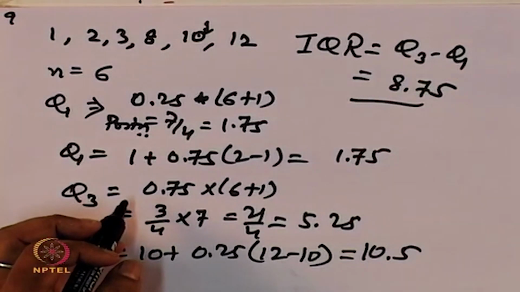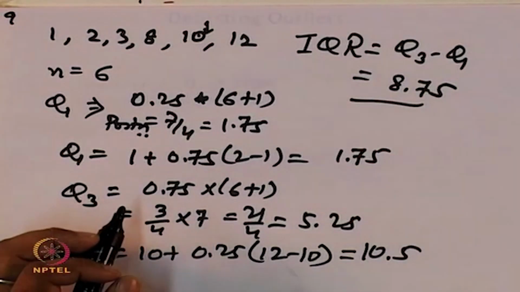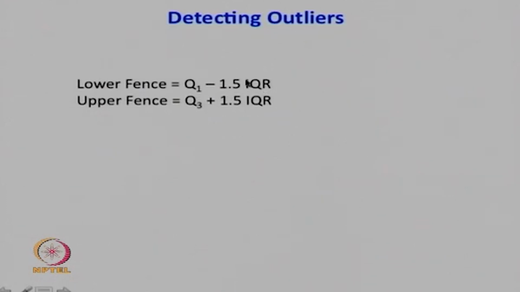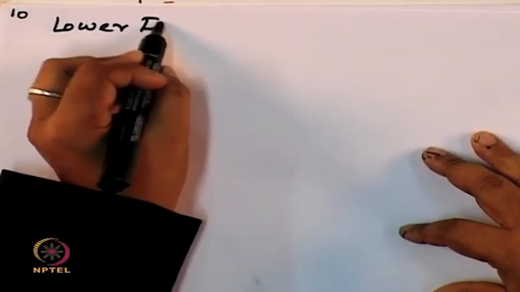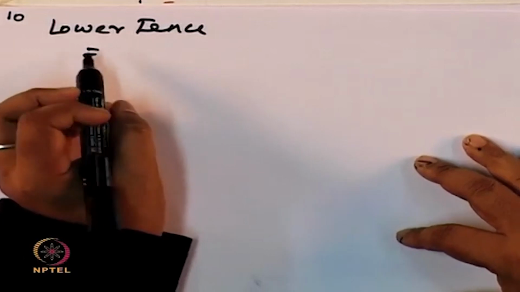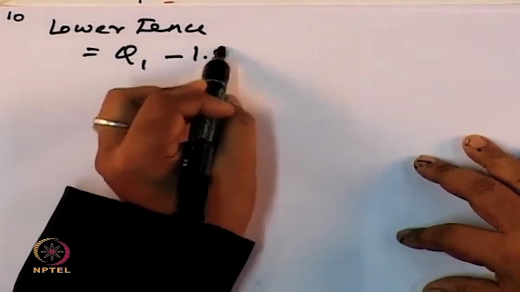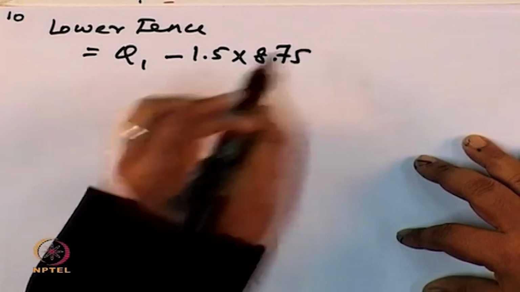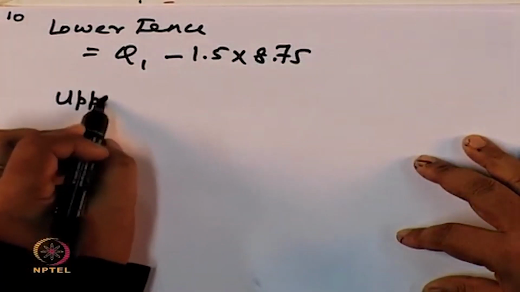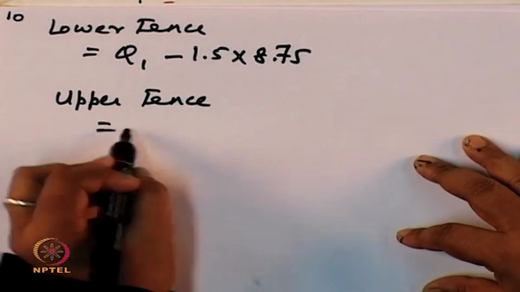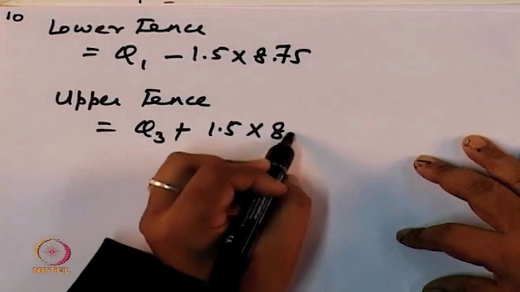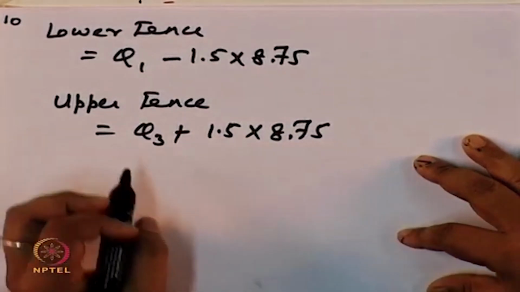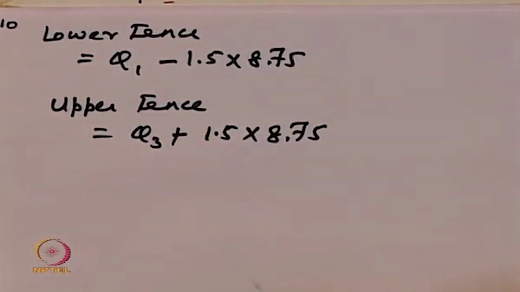As per this, my lower fence has to be Q1 minus 1.5 times IQR, so my lower fence is Q1 minus 1.5 into 8.75, and the upper fence is Q3 plus 1.5 into 8.75. I think none of these points will be outside the range.